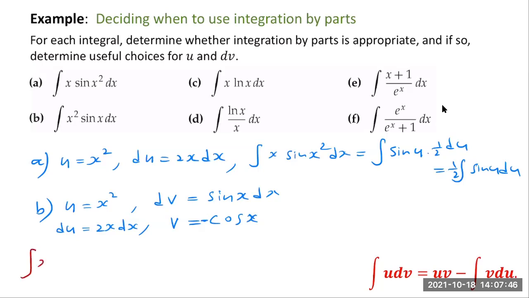My original integral, x squared sine x dx, should be equal to u times v, which is minus cosine x times x squared, minus the integral of v du. v is minus cosine x. What is my du? From this one, du is equal to 2x times dx.